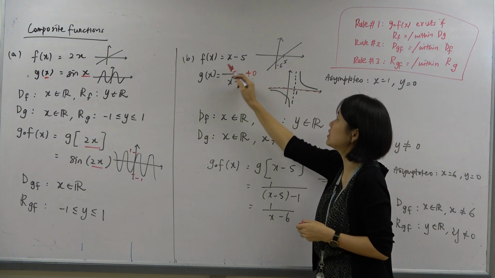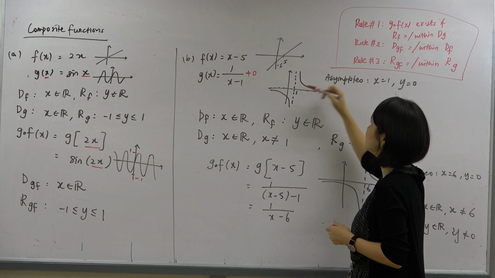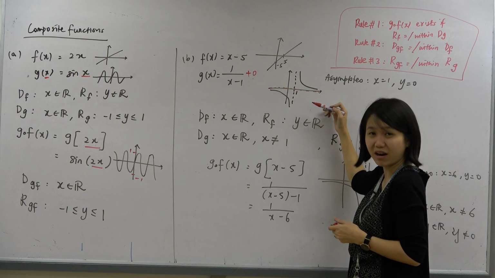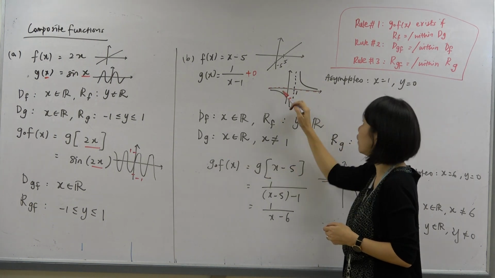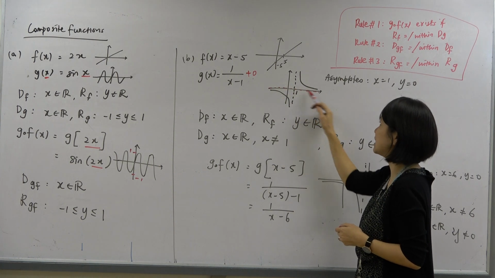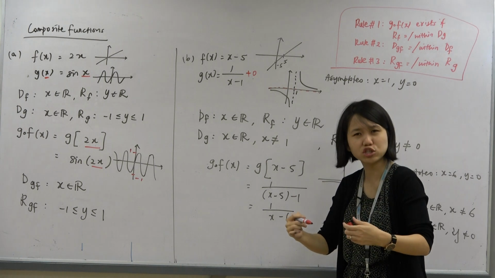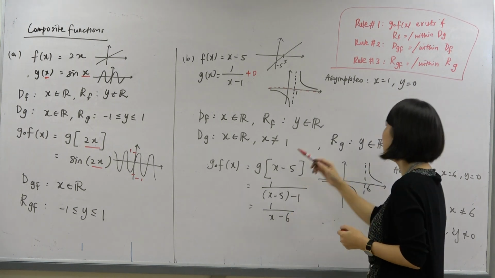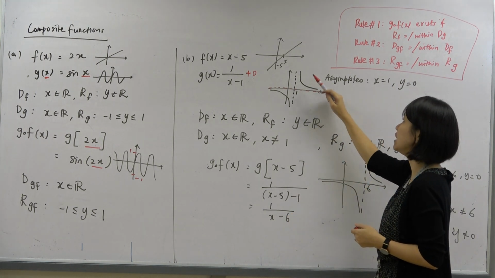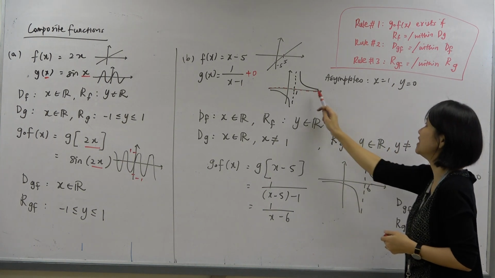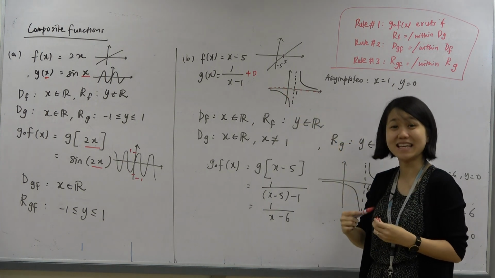Since it is a 1, which is a positive value, you draw on the first and third quadrants. The graph looks like this. What is the domain of G? Obviously x can be anything but not 1, because it is the asymptote. You will only approach it, but you will never cross it. And the range of G is any value but not 0, because y equals 0 is the asymptote.